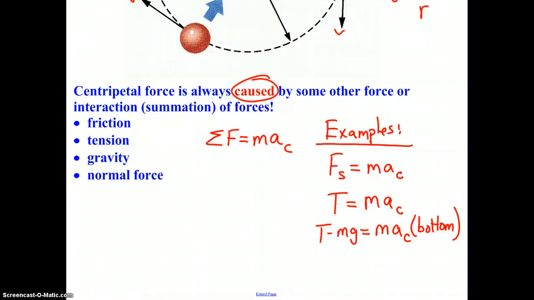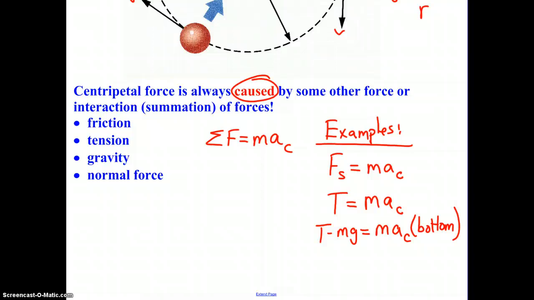Well, in centripetal force summations, the intended direction is towards the center of the circular path. So positive is always deemed to be towards the center of the circular path. That's why in this summation that we just wrote, T is positive towards the center, mg is down, when the object is at the bottom half of the swing in a vertical circle.